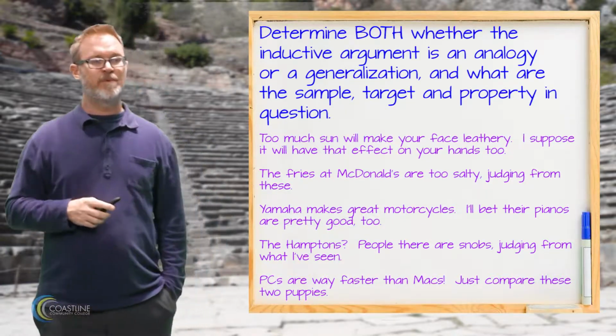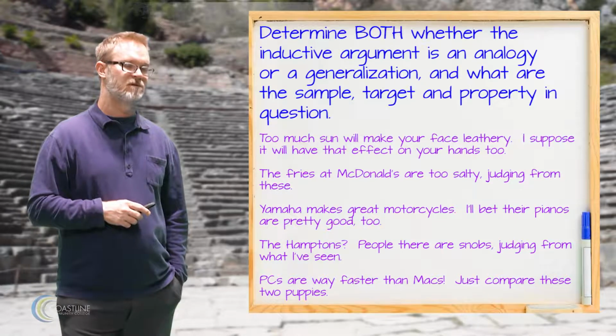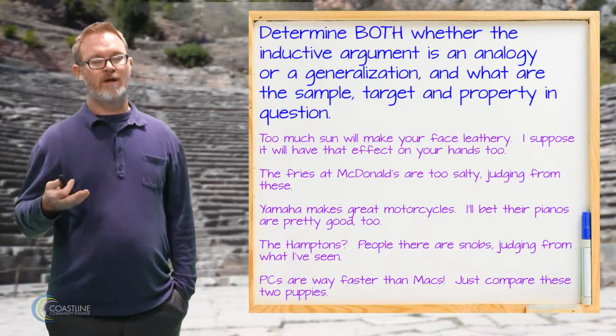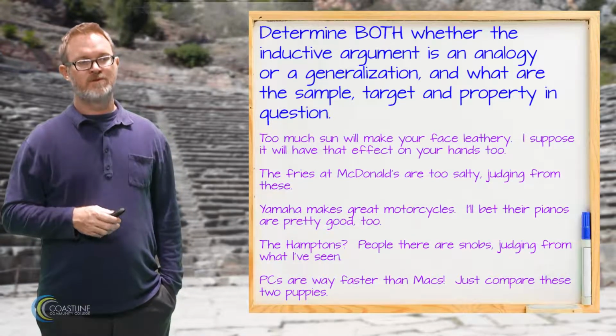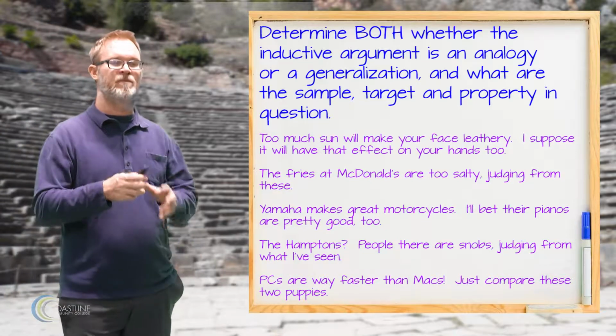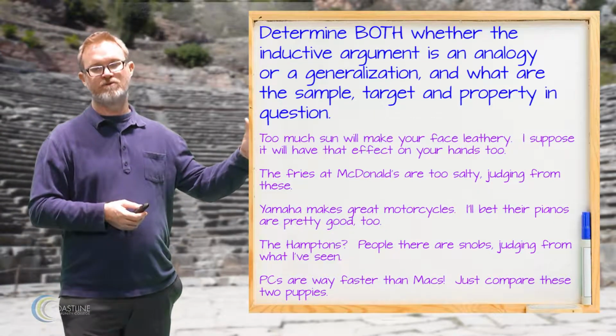Okay, the next example, it says the fries at McDonald's are too salty, judging from these. Okay, so I think this is a little bit of a tricky one, but you can see here that the reasoning is going from the particular fries that you're eating to all the fries at McDonald's.